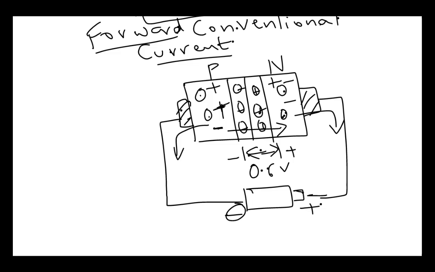They get pushed towards the P region because of the positive terminal, which means that the minority charges can easily cross the barrier while the majority charge carriers cannot cross the barrier easily. Thus, in reverse bias, only minority charge carriers cross to create current called reverse current.